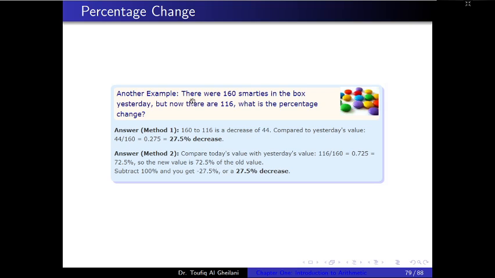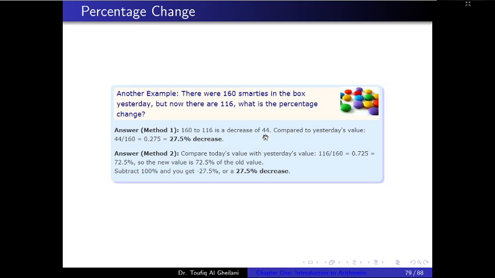Here is another example. There were 160 Smarties in the box yesterday, but now there are 116. What's the percentage change? By method 1, 160 to 116 is a decrease of 44 compared to yesterday's value.